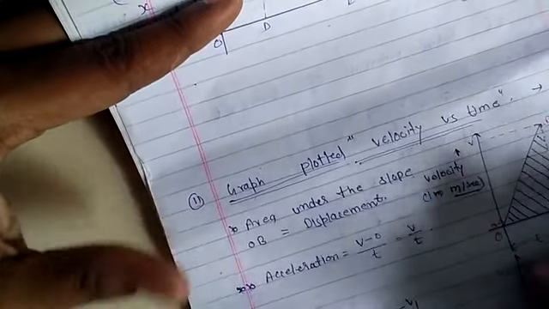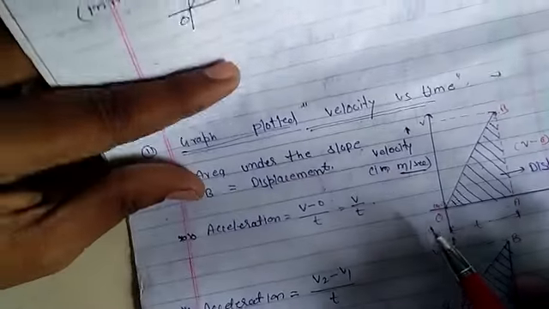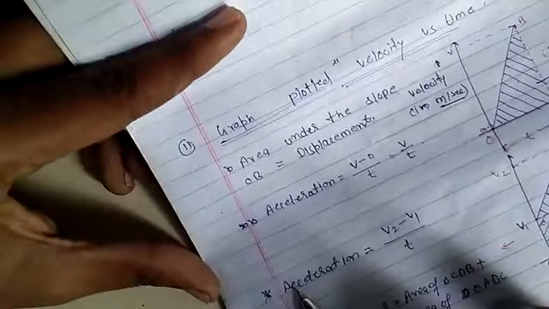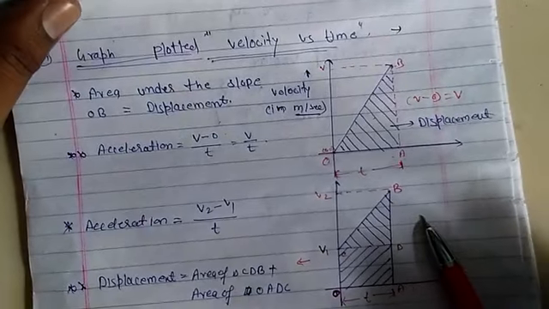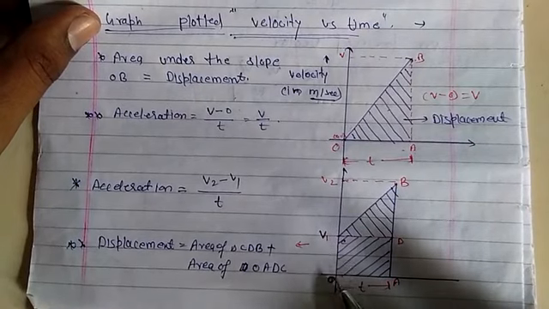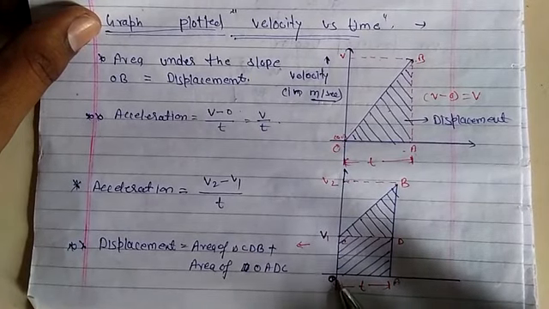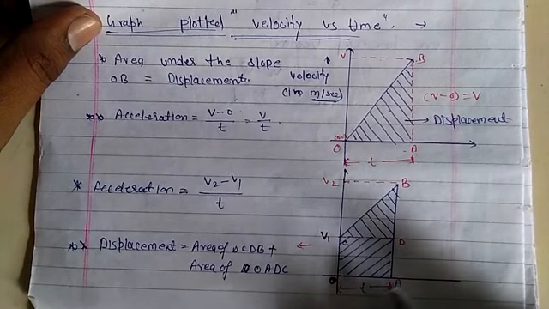With the help of a graph we can find the displacement and acceleration for different cases. At time t equal to 0, v1 is the initial velocity, v2 is the final velocity after an interval of time t.